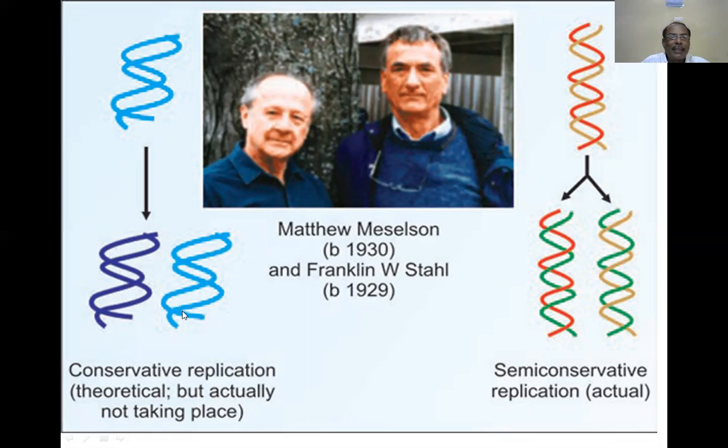So each one is separated and produces one opposite strand. From the mother, each strand is separated, and each one of the mother strands is present in both the next molecules. So this is what is called semi-conservative replication.